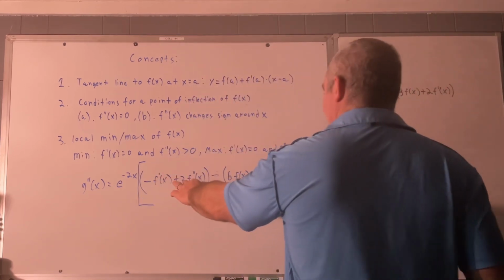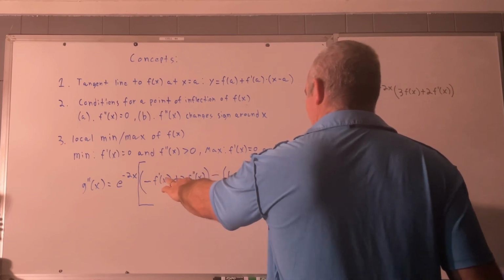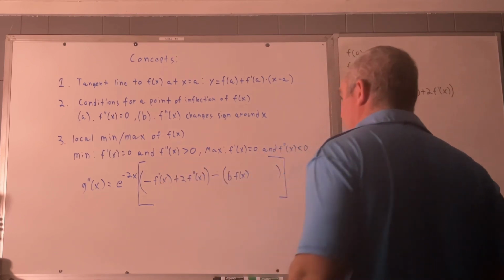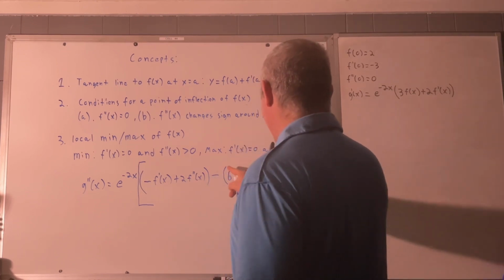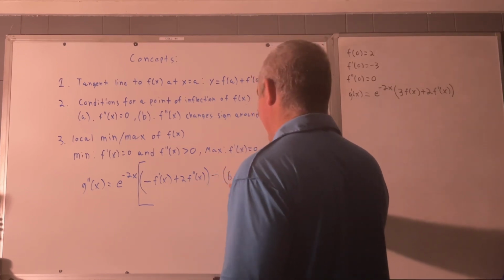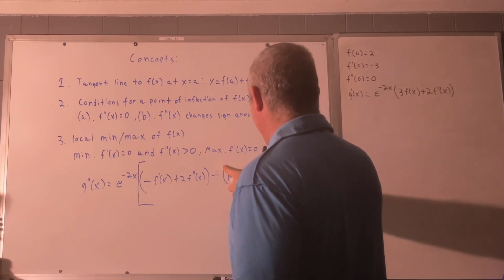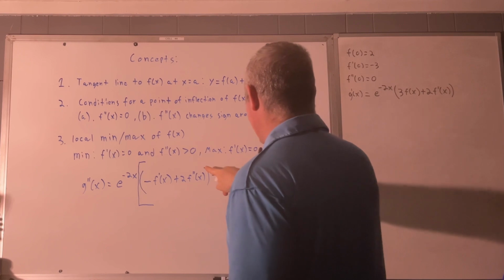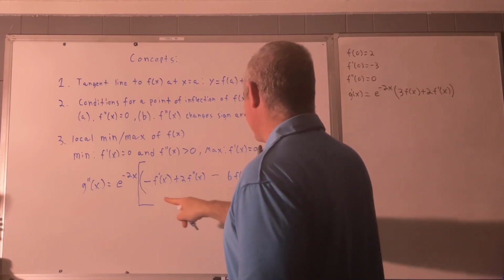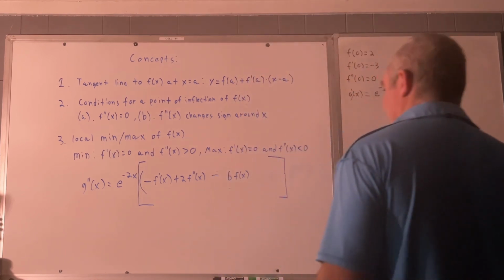How many f double primes of x do we have? Well, just the 2. And then we have minus 6 f of x. That's our only f of x term. So let's just go ahead and get rid of all these parentheses. So that's it.